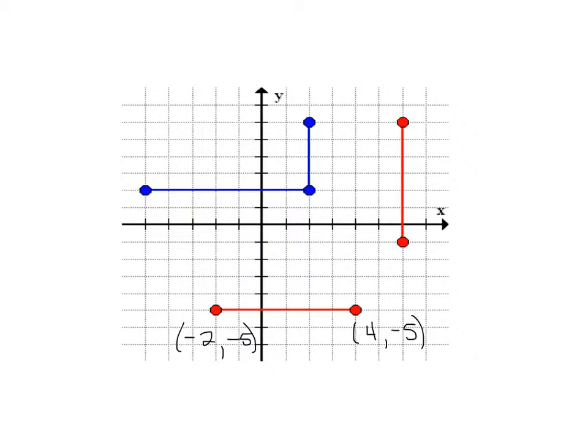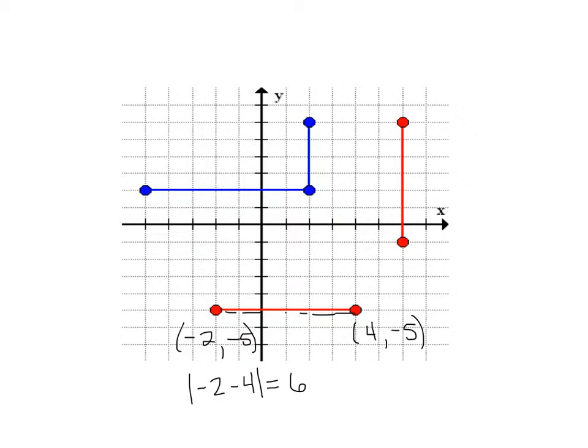We can determine the distance between these 2 points by taking the absolute value of -2 minus 4, which gives us 6. So this distance is 1, 2, 3, 4, 5, 6 units long.